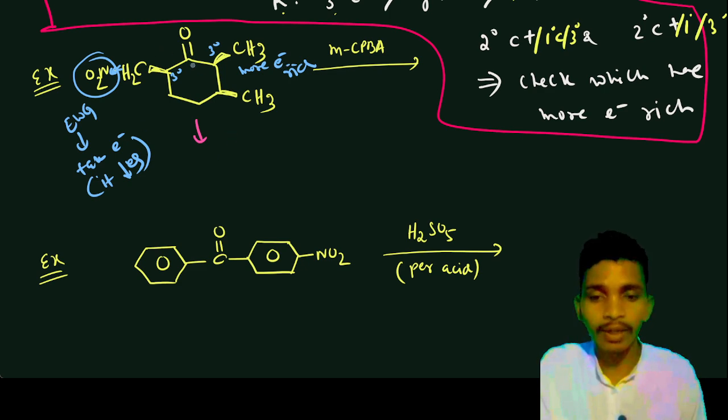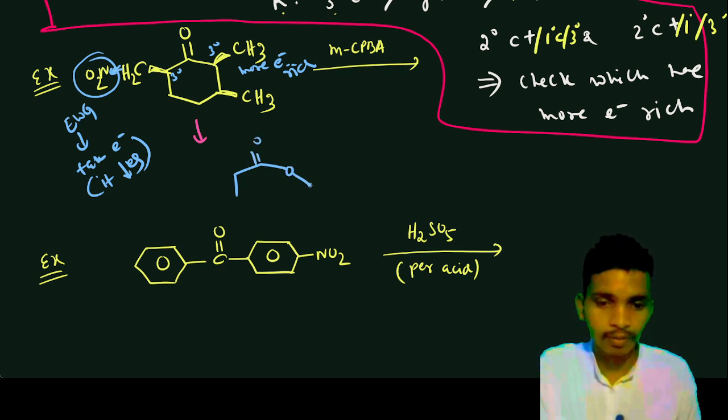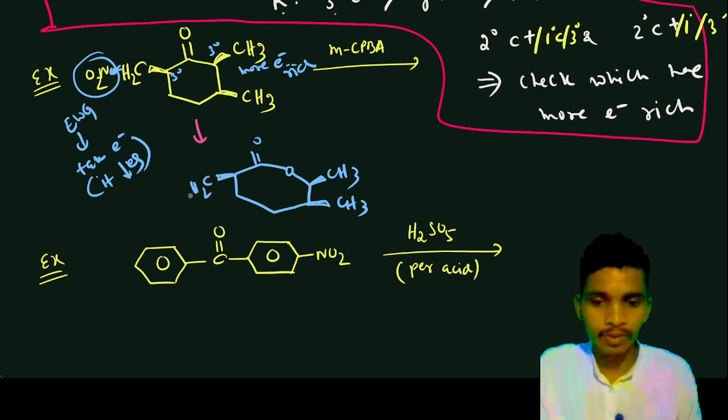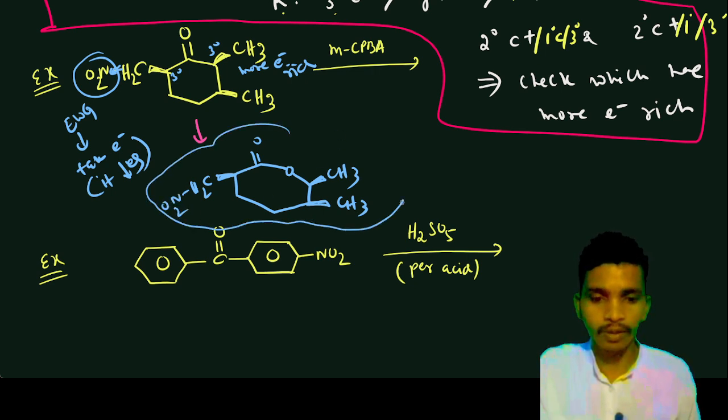So both are 3-degree carbocations, and O will be attached to this side because it is more electron rich. So the answer will be here we get O, here we will have CH3, and here CH2 and NO2. This is the final product for this question.